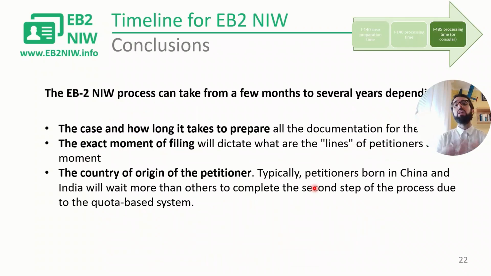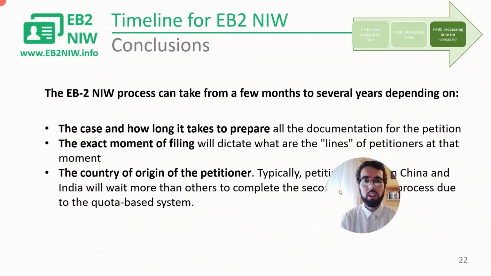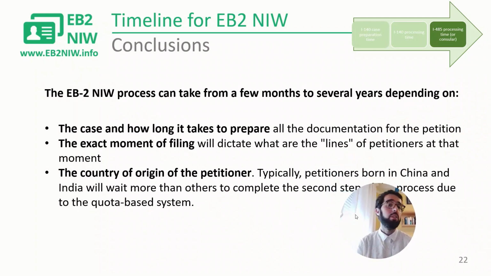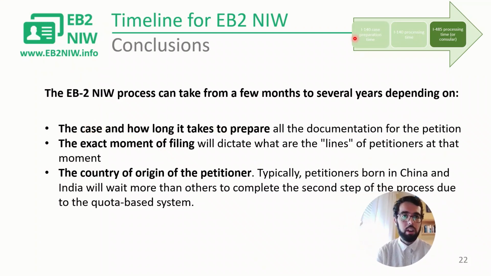So in conclusions, the EB2 NIW process can take from a few months to several years, and that depends on the particular case and how long it takes to prepare all the documentation for the petition. That was the first part of our three-part process. Then the exact moment of filing will dictate also what are the lines, the wait times for petitioners at the moment.